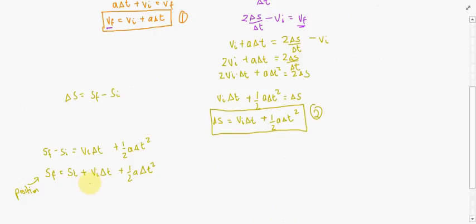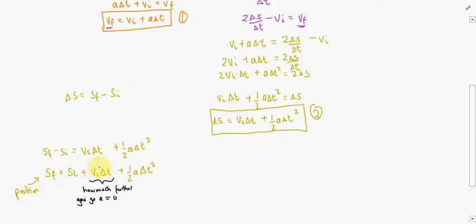So this component over here, let me just choose a different color quickly to make it a little bit more clear, says how much further you would go when there's no acceleration. So when acceleration is equal to 0.